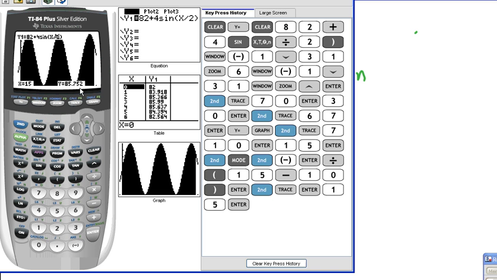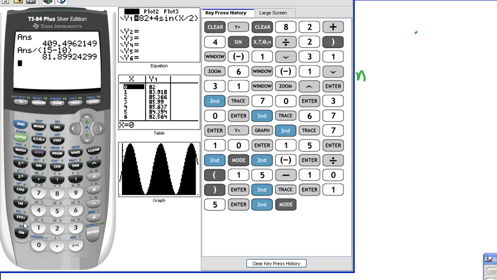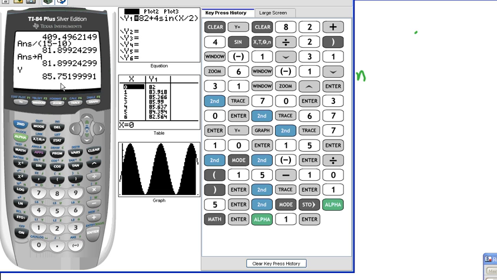Now, since y value is this, I'm going to store that into A. I believe that was the value, 81.89. Oh, no, not really. I'm sorry. Y value was that, wasn't it? So instead of that, we have to get the y value. I believe y value was 85. Yes.